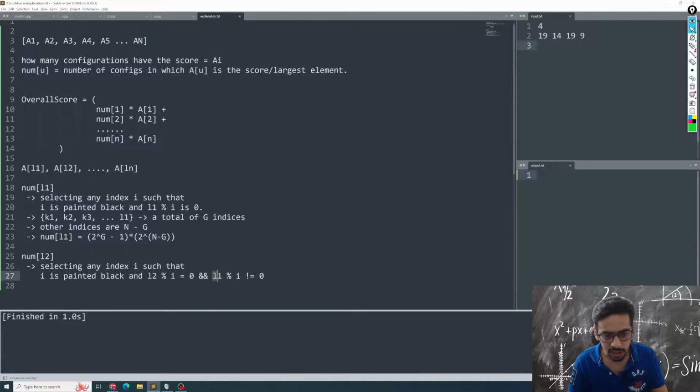And that is why this condition also needs to follow, that the index I that you are painting black is not dividing L1. So now what will happen is you will have a set of elements like K1, K2, K3, so on till L2, minus there will be set difference.